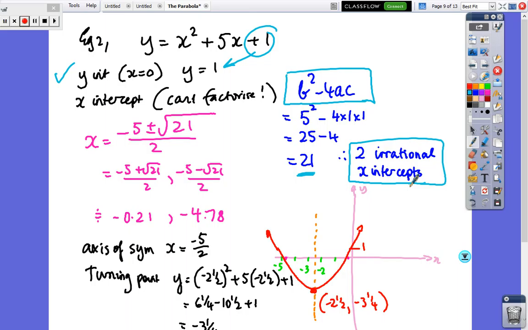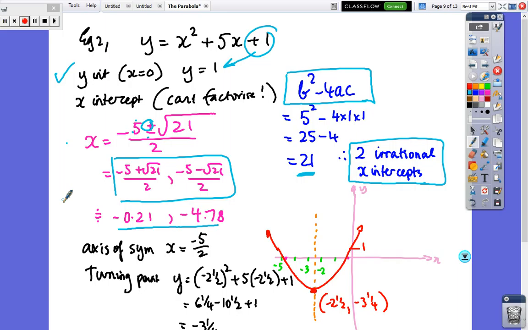And so we use the quadratic formula because we can't factorise, and then we end up with these two answers here. So to get the two answers, it's -5 plus the number, and then -5 minus the number. And then just so you can see where they lie on the x-axis, I've just put them in as decimals, just so you can see where they approximately lie.